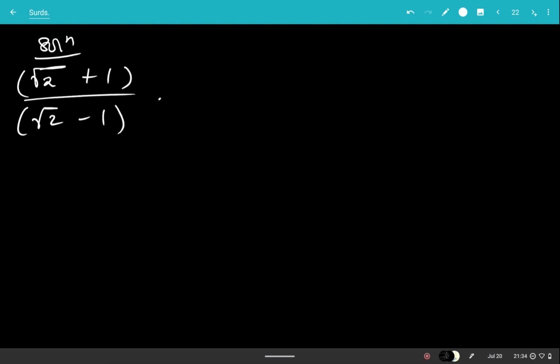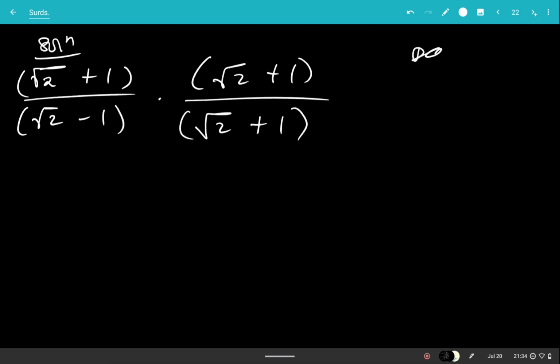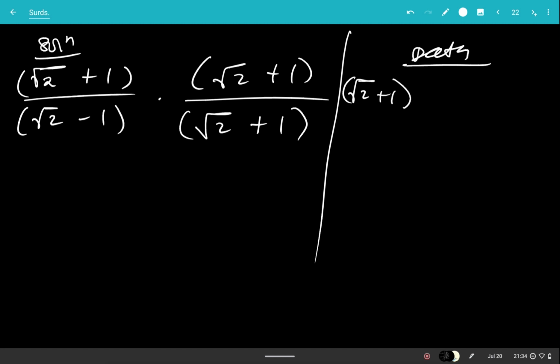So we're taught to rationalize this guy. You see, we have root 2 minus 1. So all we're going to do is to get the conjugate of the denominator, which is root 2 plus 1, then it's going to be over root 2 plus 1. Then you can always do a data by the side if you don't want to mess up. So you're going to say root 2 plus 1, then times root 2 plus 1.